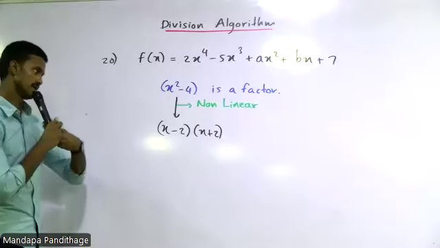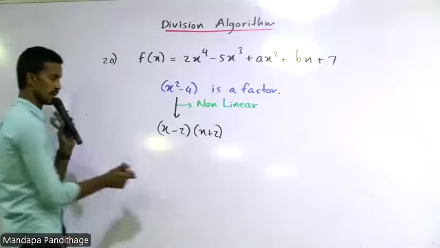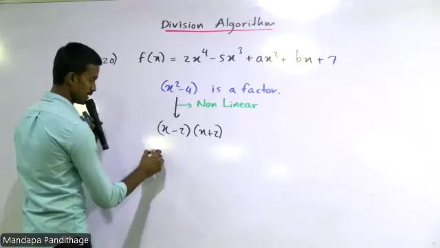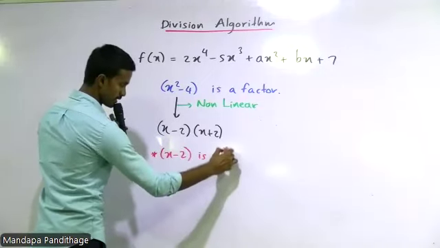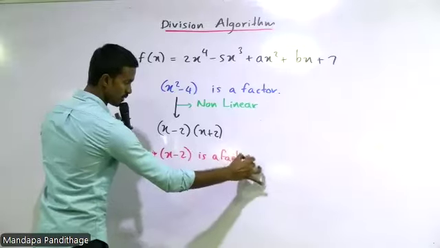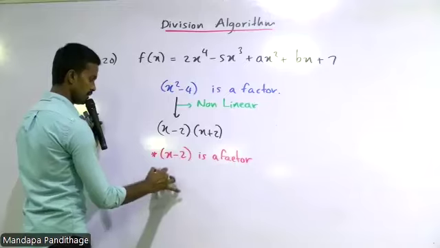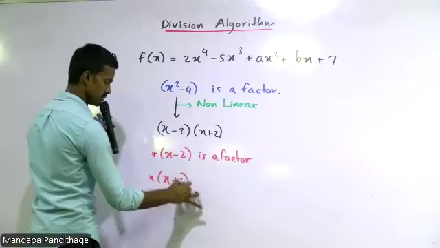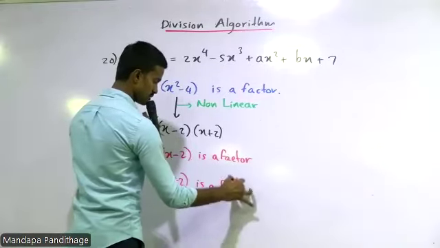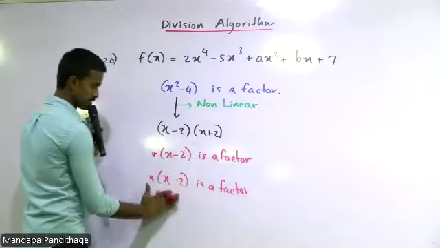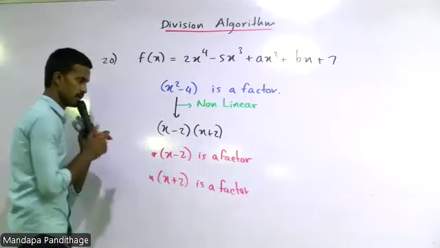Since we have this product, x minus 2 is a factor. So this is a linear factor. You can apply the factor theorem. And x plus 2 is a factor.